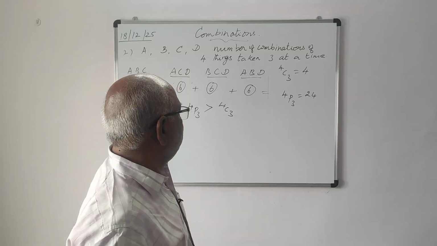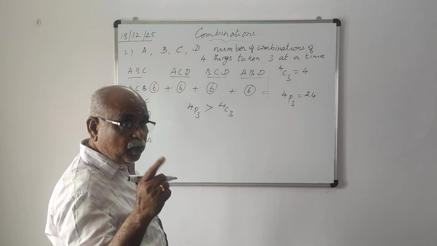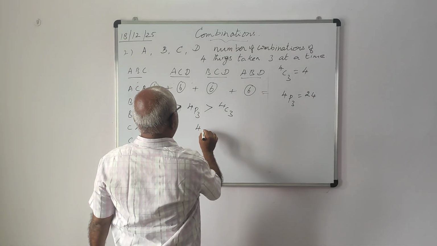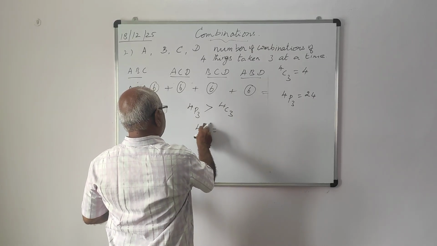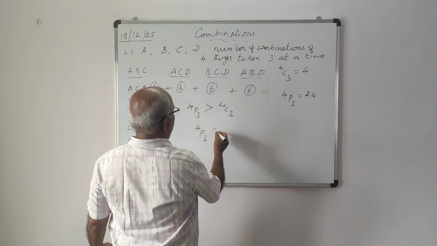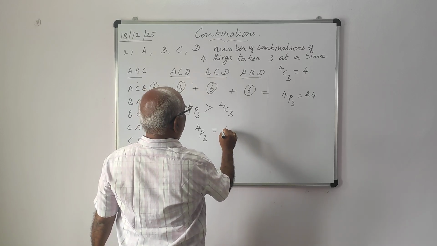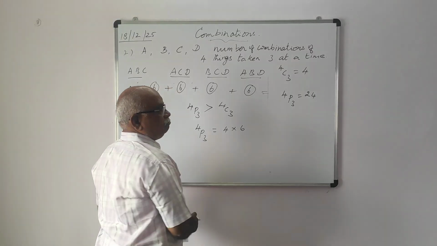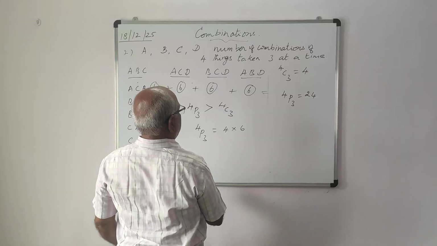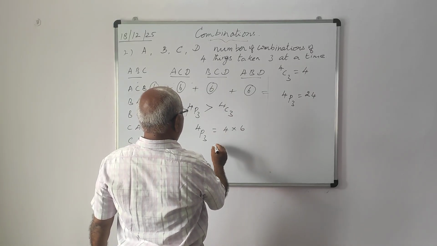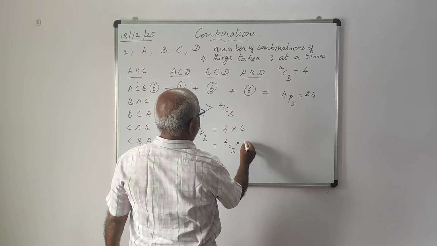See, every time the combination is less than the permutation. And one more thing you should consider is the relation between 4C3 and 4P3. 4P3 is 24, which is 4 into 6, because there are 4 combinations with 6 arrangements each. That 4 is 4C3. And 6 can be expressed as 3 factorial.